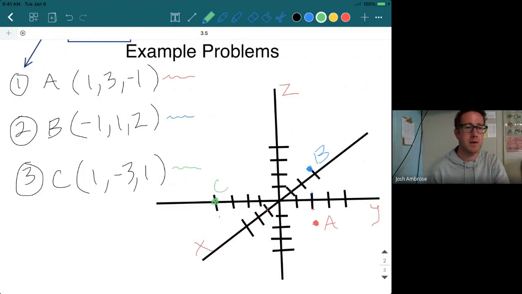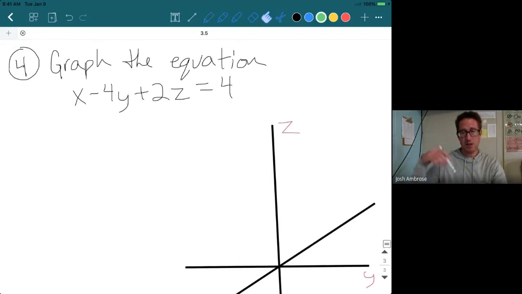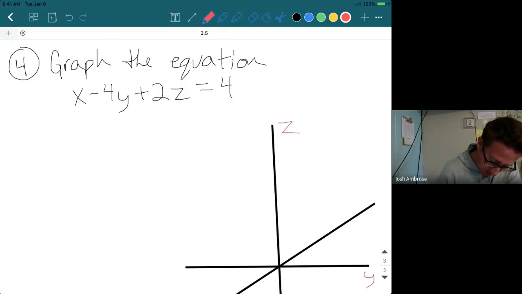Okay. All right, let's keep progressing here. Let's take a look. All right, now we have to graph this equation. Before we can graph it, we have to solve for all three variables. So the first step, let's make x and y both 0.